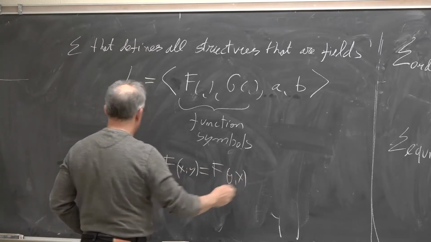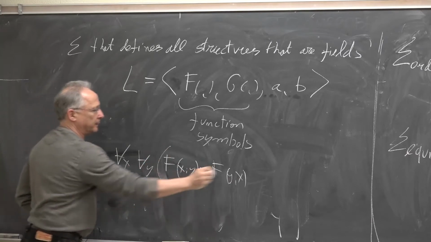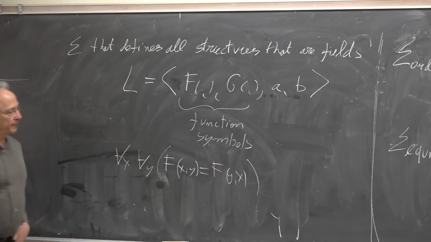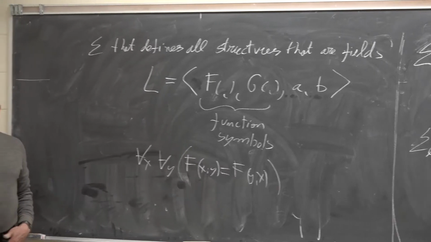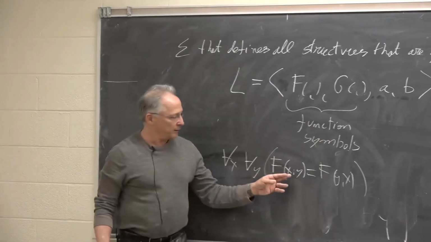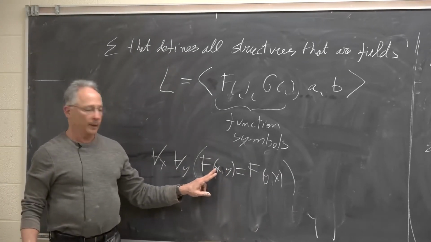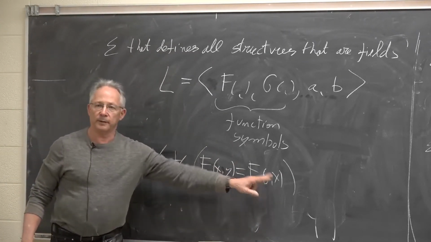So what did I say here? In terms of addition, what did I say about my addition? If f is the addition, it is commutative: x plus y equals y plus x.